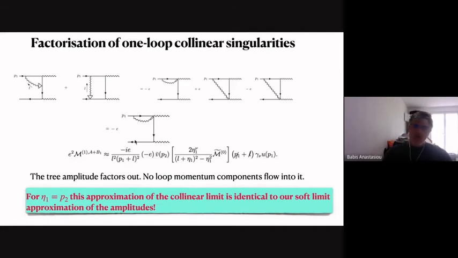Now, what we have observed is that for a specific choice of parameterizing the collinear singularity, this factor can be made to look like a soft approximation as well. So practically, the soft factor that I calculated before has the same collinear limit as the rest of the diagrams.